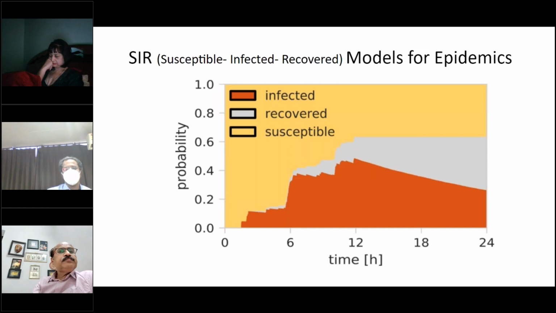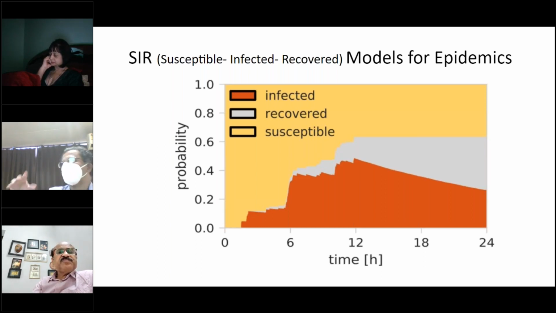So susceptible, infected, recovered means in the beginning, in a pandemic, all people are susceptible. Nobody has immunity. If this is an old virus or there is a vaccine, there will be a proportion of people who are resistant, who are immune. And then some people get infected, they give it to new people, and then they recover or die.